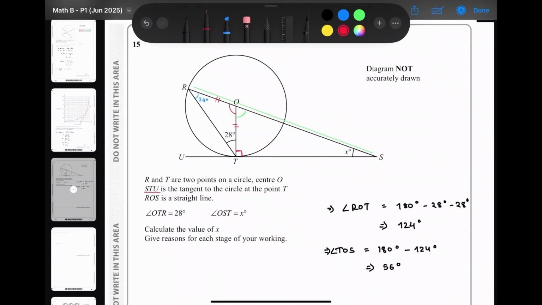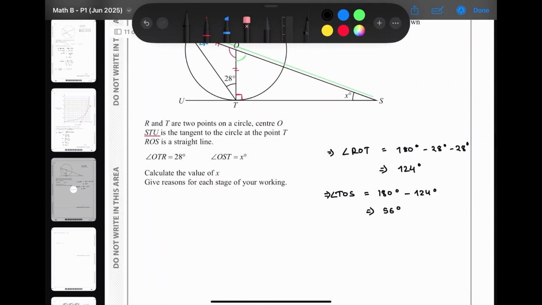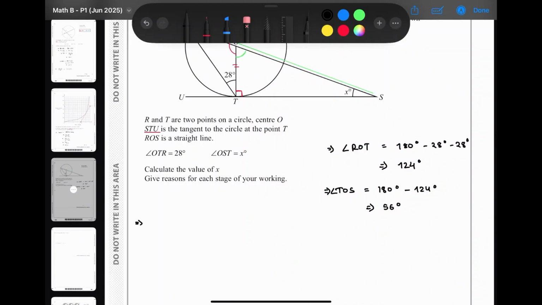With this additional information, we can finally find our X. Since triangle OST also forms 180 degrees in total, the angle OST will subtract by it, and we get our final answer as X is equal to 34 degrees.